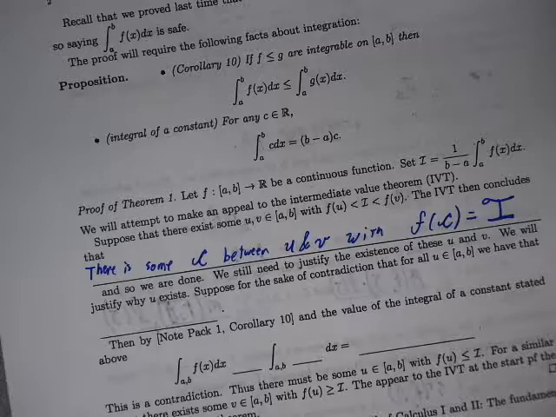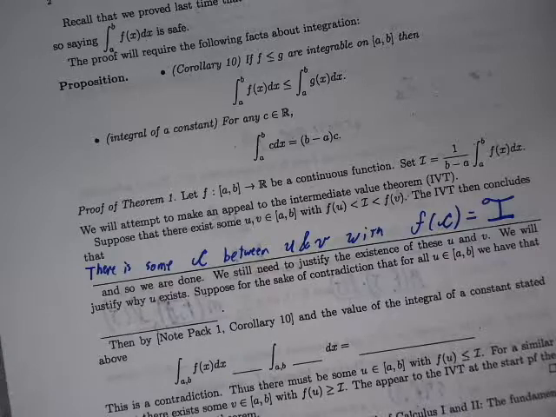I'll proceed by contradiction. Suppose it is not the case that there exist two inputs U and V with f of U less than I less than f of V. Let's massage what that would mean.